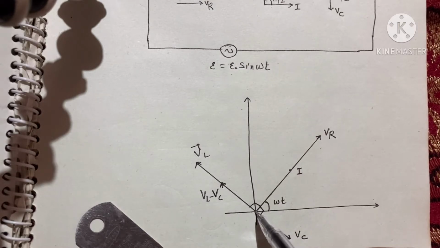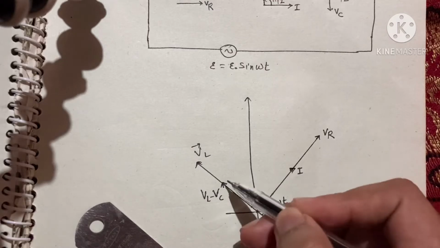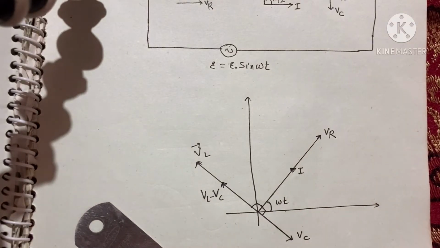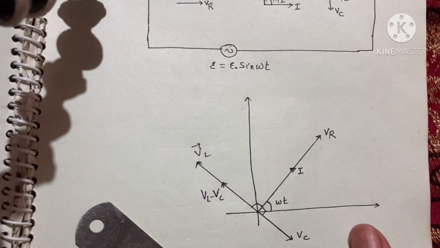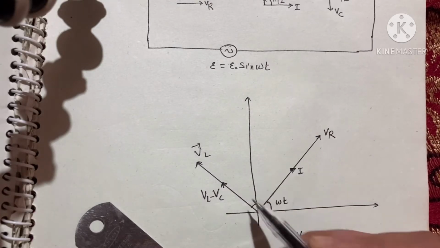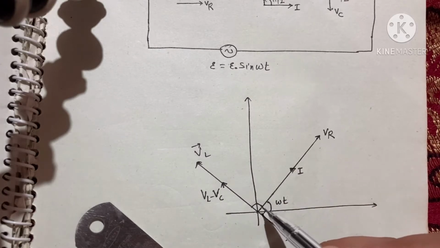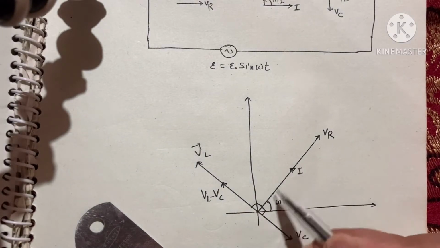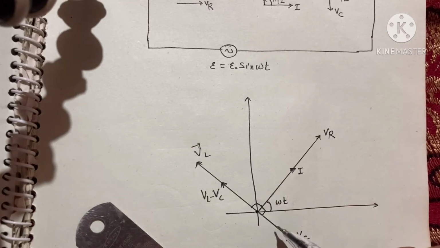Now this is the resultant of VL minus VC up to here, and one vector is in this direction. The resultant of these two will give you the resultant EMF. Basically it will be in between these two lines. Remember the parallelogram law of vector addition. One vector is this one, and this one up to here is the resultant of VL minus VC.